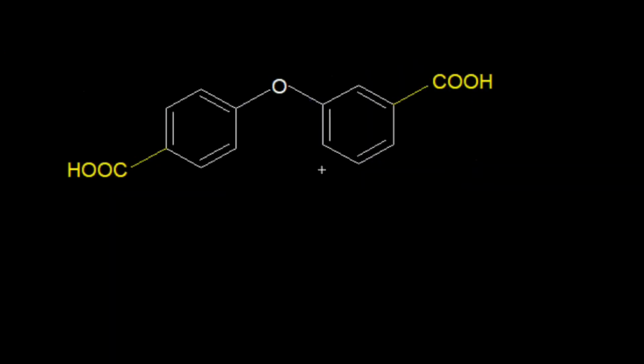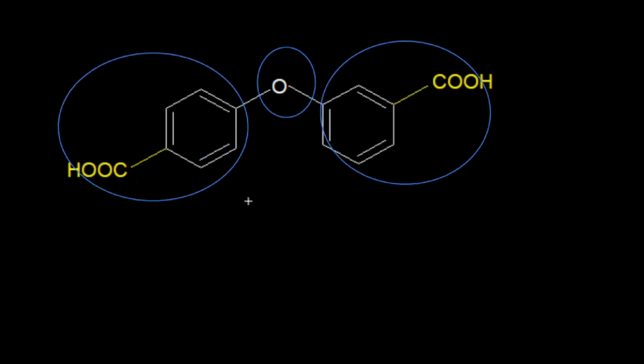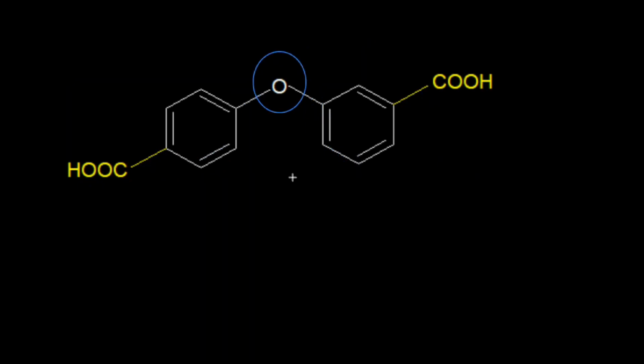In this case, two benzoic acids are linked with each other via an oxygen atom. Both parts of the molecule are identical. So which part would be selected for the heading part? According to the IUPAC system, the part of the molecule which gives the lowest locant to the substituent would be selected for the heading part. In both parts, numbering would be started from that carbon which is attached to the carboxylic acid functionality.